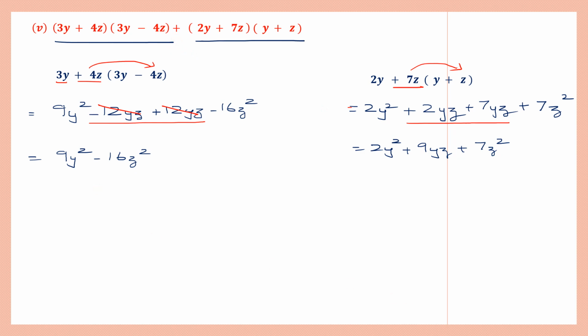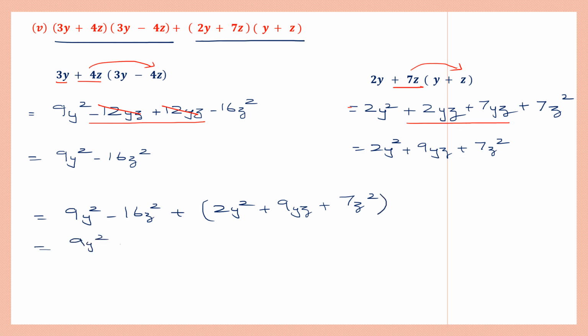So let's try the next step below here. 9y square minus 16z square plus, we have to add up the next one, that is 2y square plus 9yz plus 7z square. Now let's remove the brackets. 9y square minus 16z square plus 2y square plus 9yz plus 7z square.